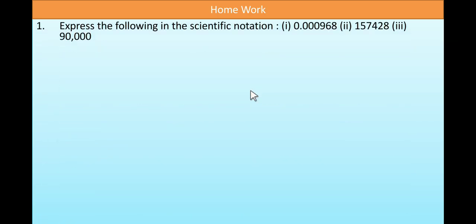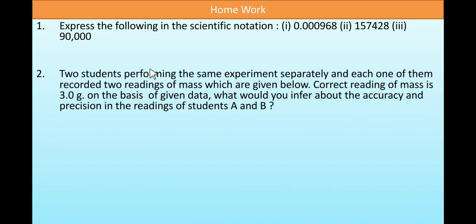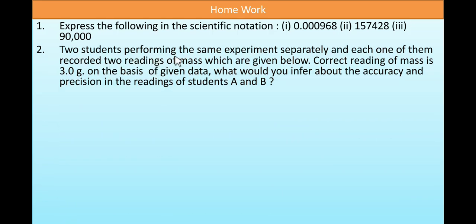Now see the homework. The first question is: express the following figures in scientific notation. Okay. Two students performed the same experiment separately, and each of them recorded 2 readings of mass.